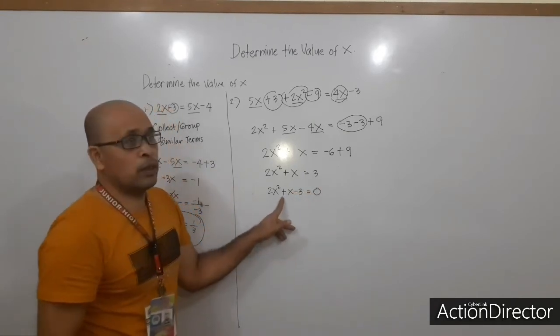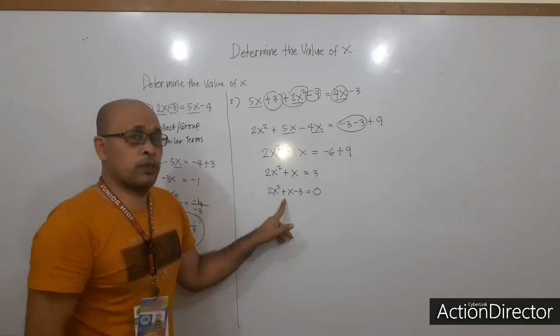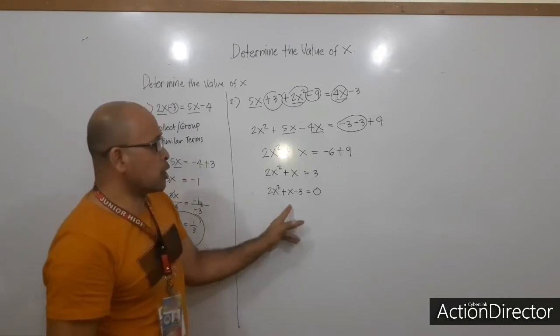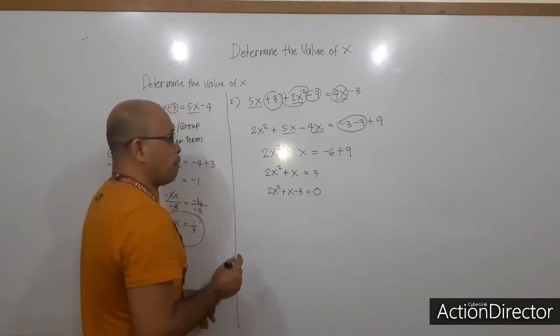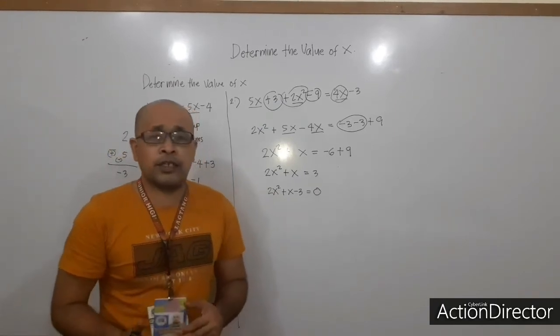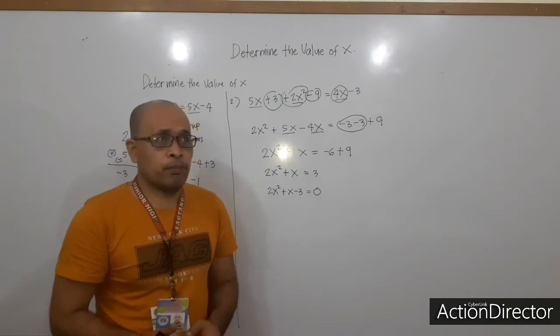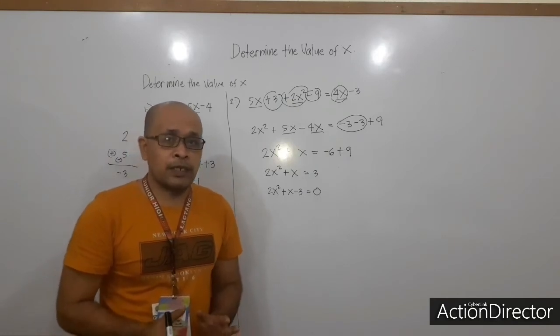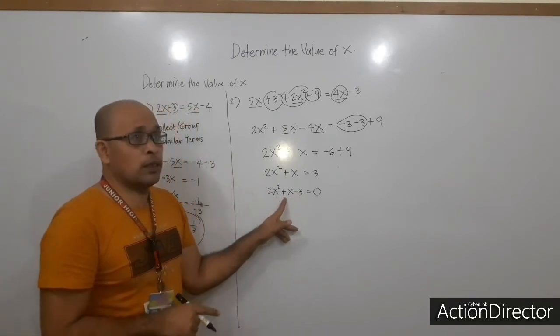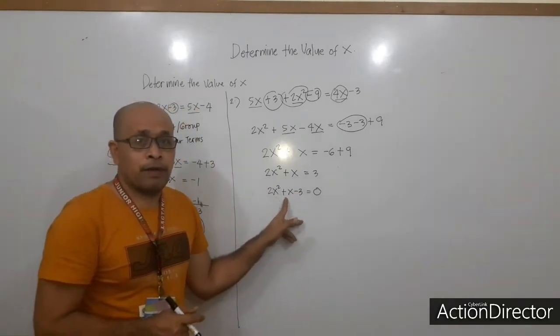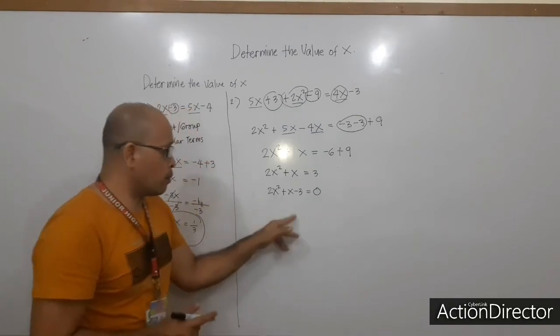So this is now what we call the quadratic equation. The purpose of transposing here is for you to solve easily. One of the fastest ways to solve for the value of x if it is a quadratic equation is by the factoring method.